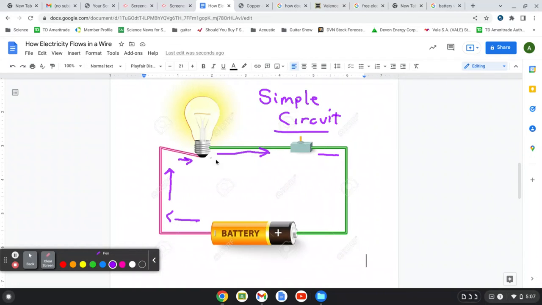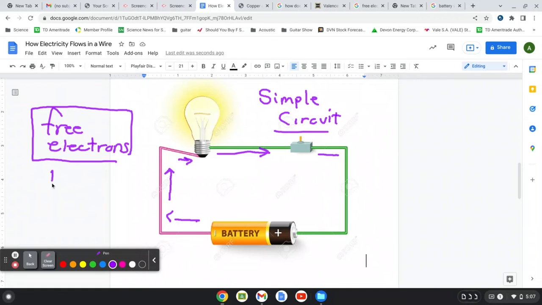And again, it's these free electrons, important word, the free electrons that are moving, and they're only moving 1 millimeter per second, but they're causing this chain reaction. They're causing an electric field to instantaneously, close to the speed of light, turn that light bulb on. Very quickly does it happen.